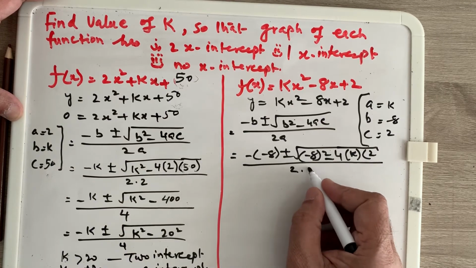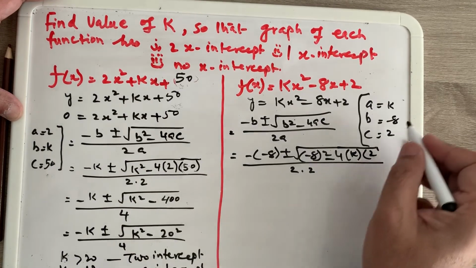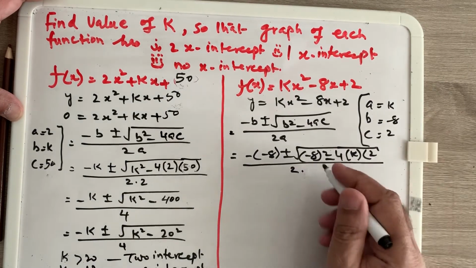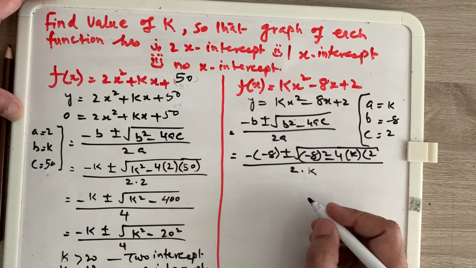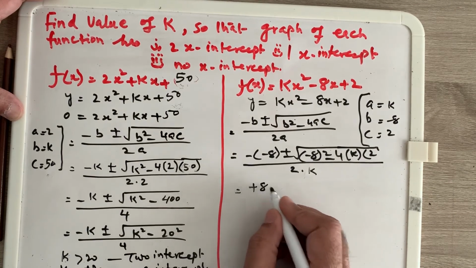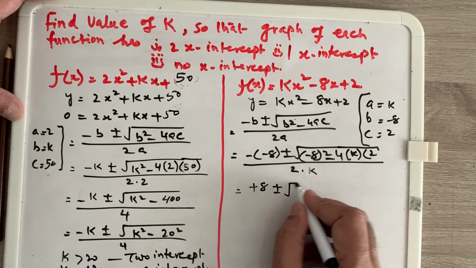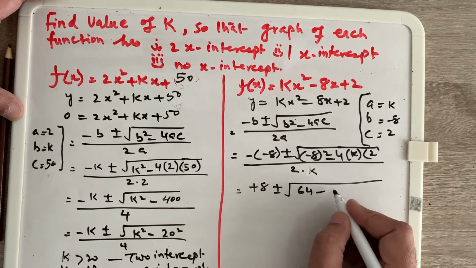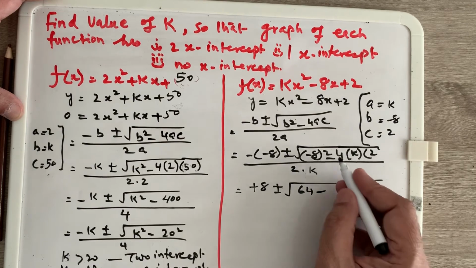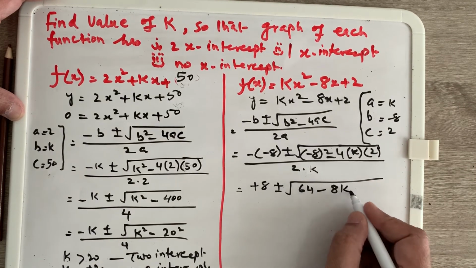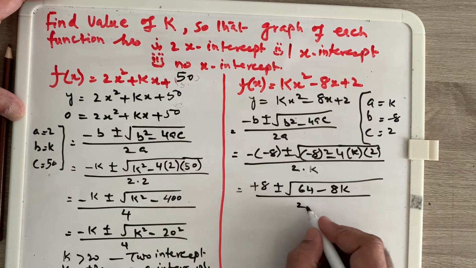What is my a? A is k, so 2k, right? Now I have minus minus, which is plus, so I have plus 8 plus minus under the root 64 minus 4 times 2 is 8k, divided by 2k.